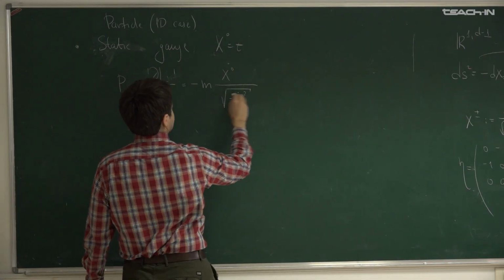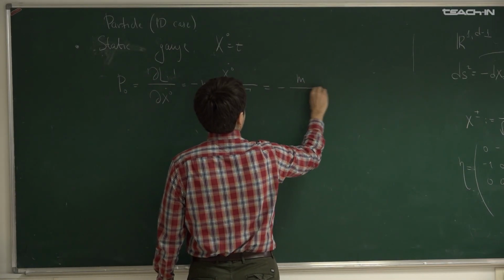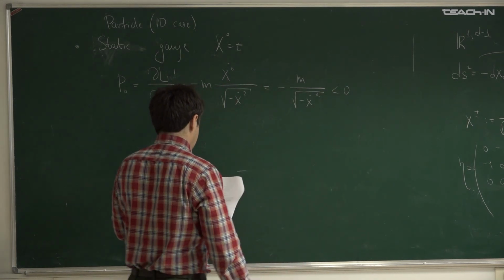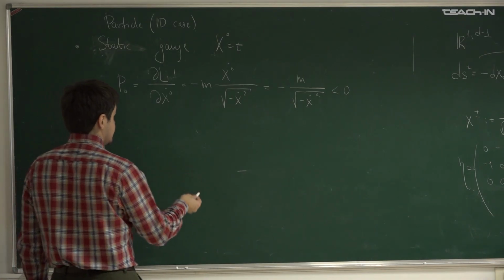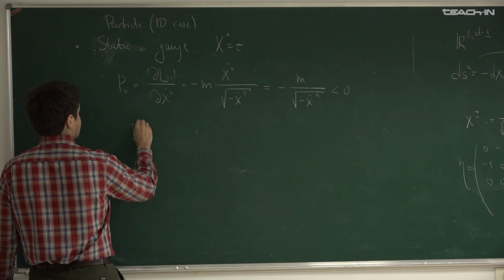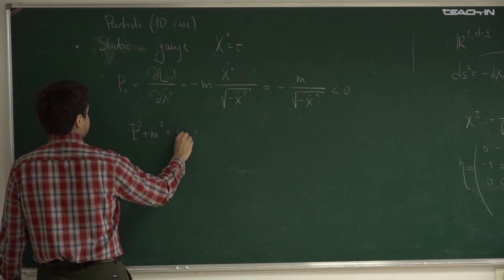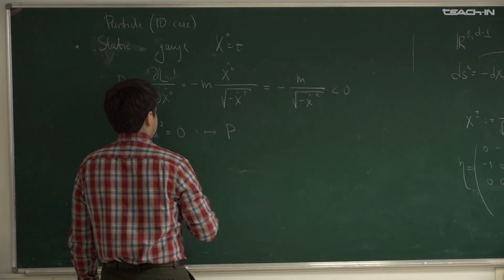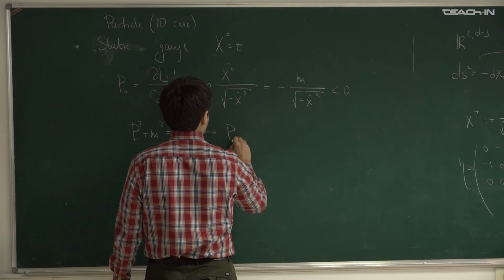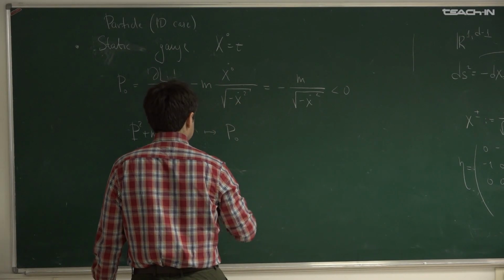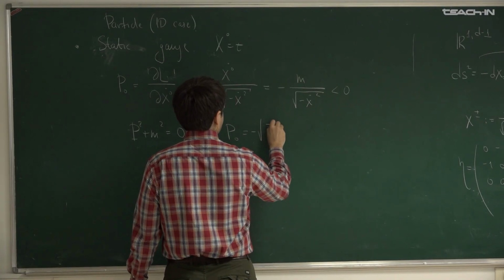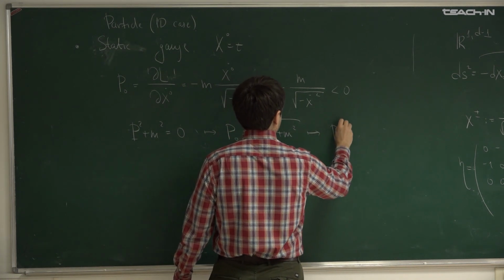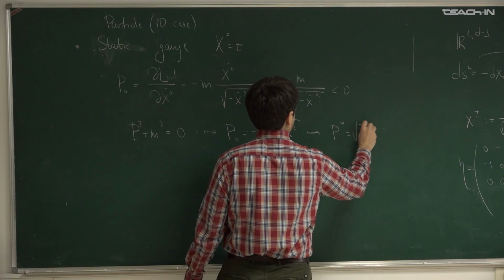In this gauge, the momentum is minus m over square root of minus x dot squared. So in particular, this is negative. So we have the constraint that p squared plus m squared equals 0. We can solve this for p0. So p0 is negative, so p0 is minus square root of p squared plus m squared. Or easier to use p with upper 0, which is square root of p squared plus m squared.